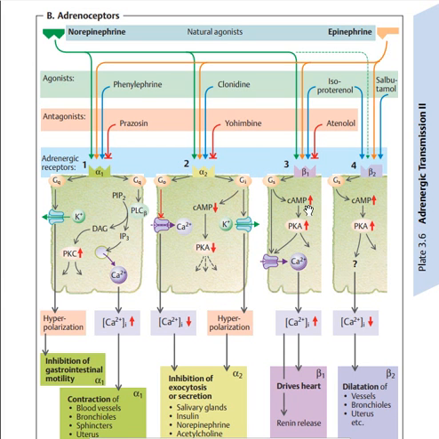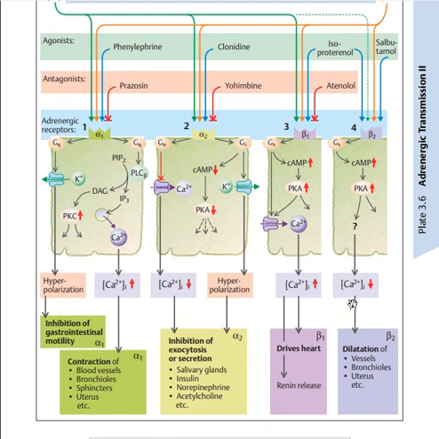Beta 1 activates cAMP, makes more cAMP to be produced, and cAMP is going to cause activation of protein kinase A. Activation of protein kinase A causes calcium ion to increase, and that calcium ion increase is going to cause activation of the cell. And beta 2 also causes cAMP to increase and protein kinase A to be activated, but calcium ion instead reduces inside the cell.